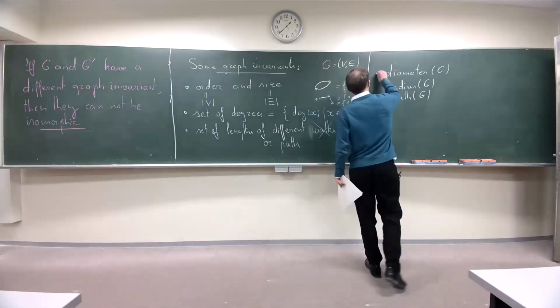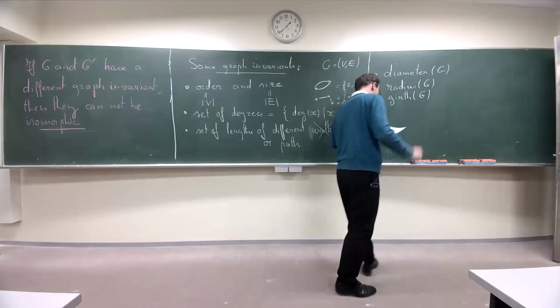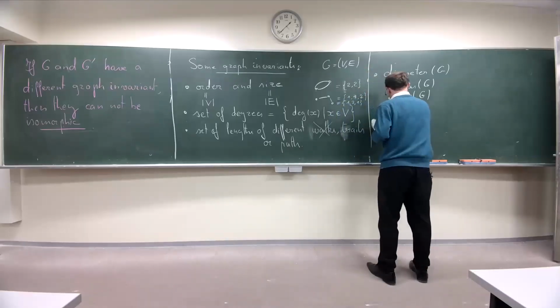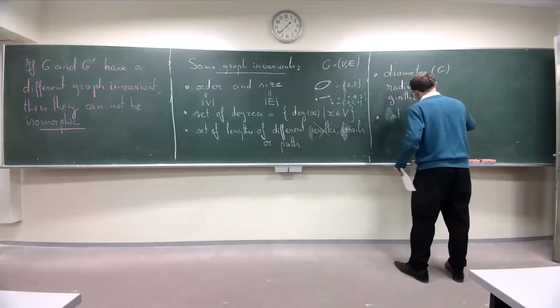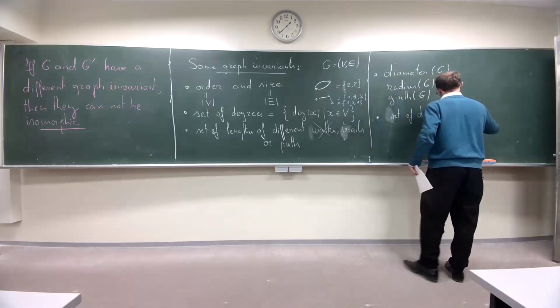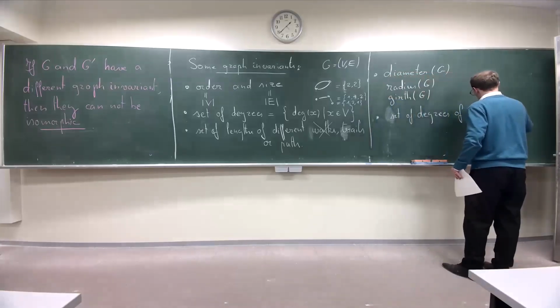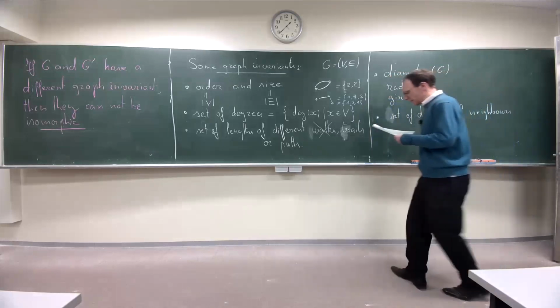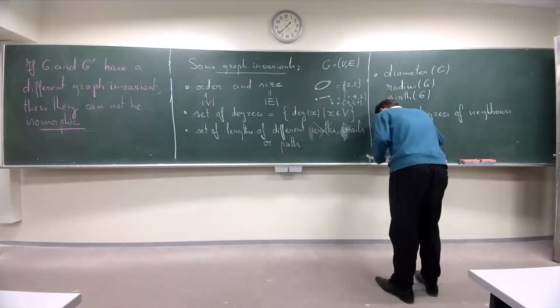And the last one, slightly more complicated, the set of degrees of neighbors. So what does it mean? Let me write it.